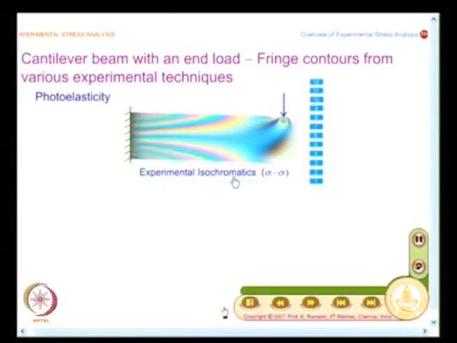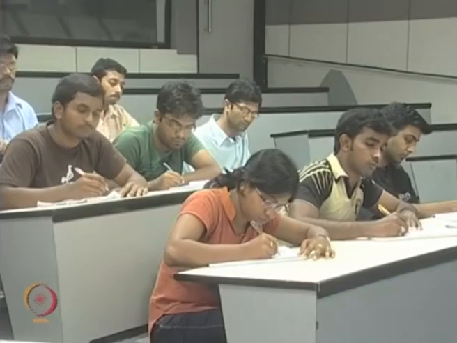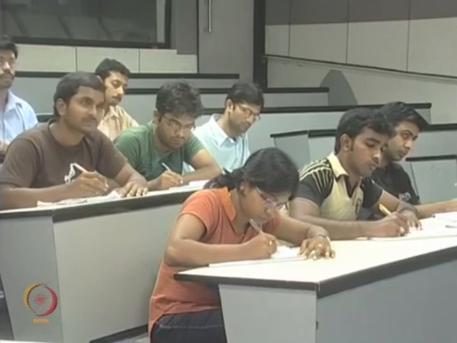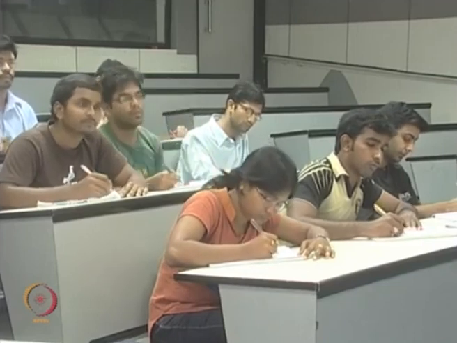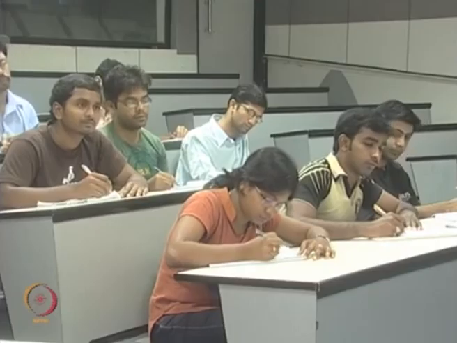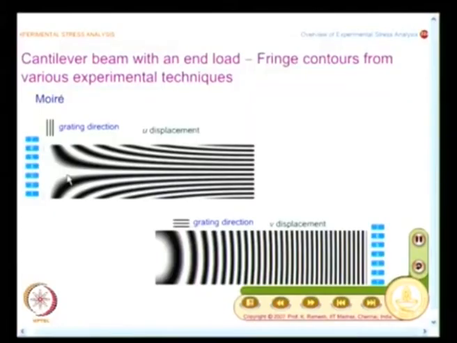So, experimental isochromatics are different from what you have seen in the case of a beam under 4-point bending, and naturally the displacement contours are going to be still more complicated. So, you have u displacement, you have v displacement, and here I again have a grating direction, and knowing this grating direction it is possible for you to say it is u displacement.